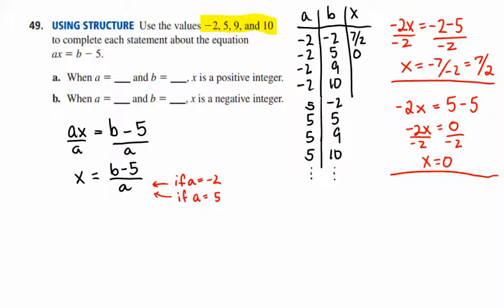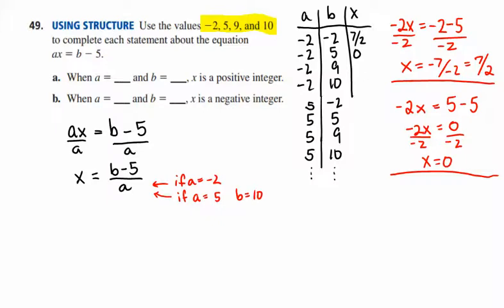Right? And so -2 will not work. 5 will give us 0, which will give us 0 as a result, and that doesn't work. 9 will give us 4, and 4 over 5 is not an integer. 10 will work. So if a is 5, then b can be equal to 10, and that will work.